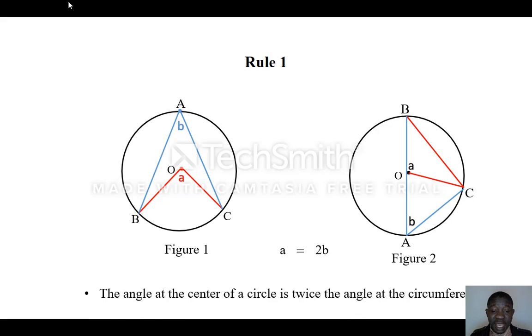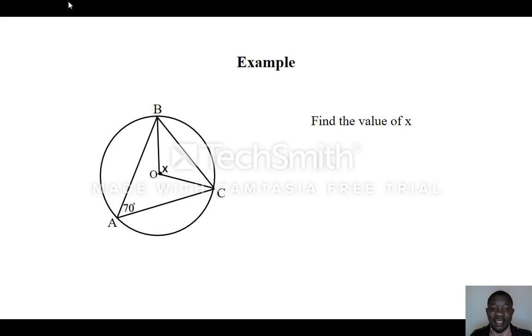Then we conclude that the angle at the center of a circle is twice the angle at the circumference. Now, let's look at an example. In this example, we have been asked to find the value of x. Since 2x equals 70 degrees, we get x equal to 35 degrees if we divide both sides by 2.